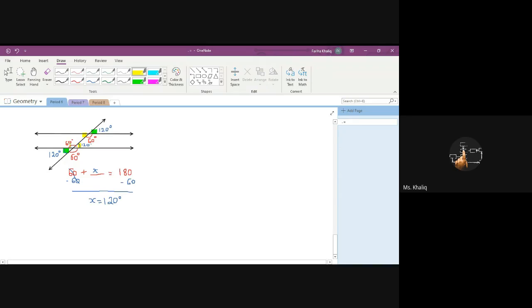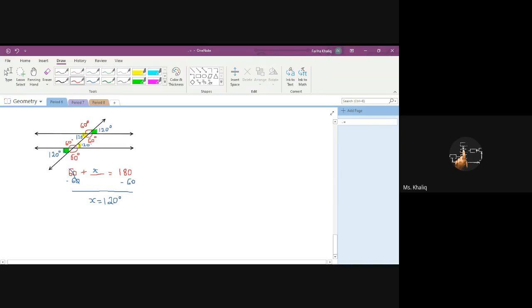And similarly, the 60 degrees up here is congruent to the 60 degrees, as alternate interior angles. So then I'm going to write this as 120. The other missing angle here is 60 because opposite angles are congruent, as in vertical angles.